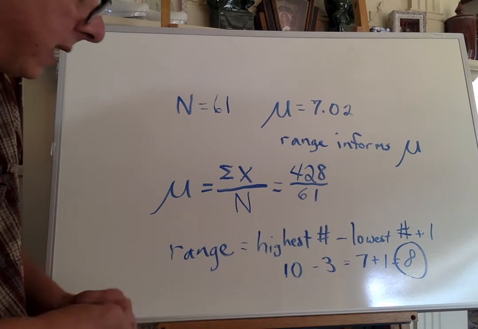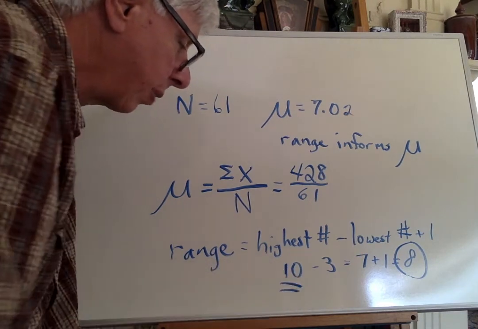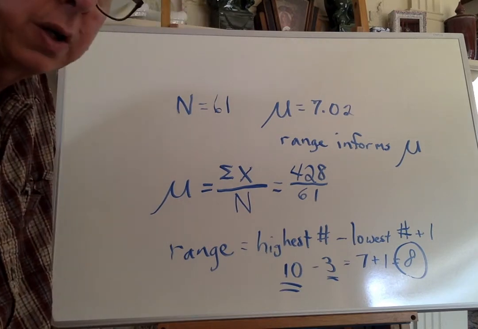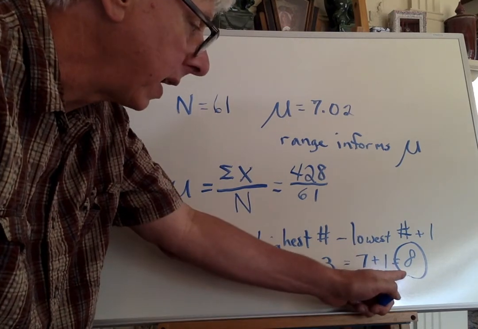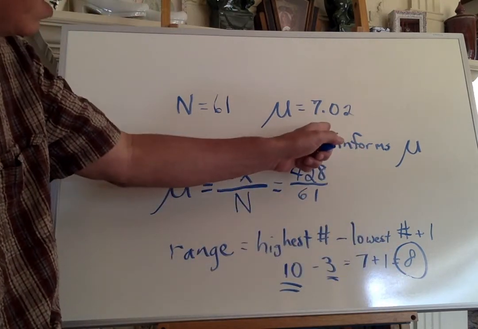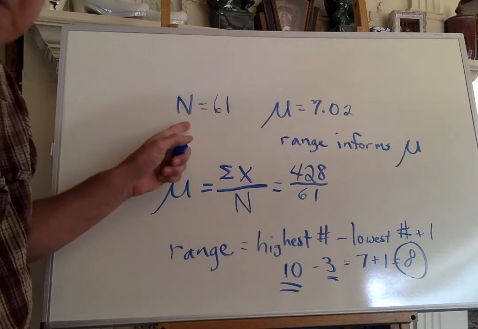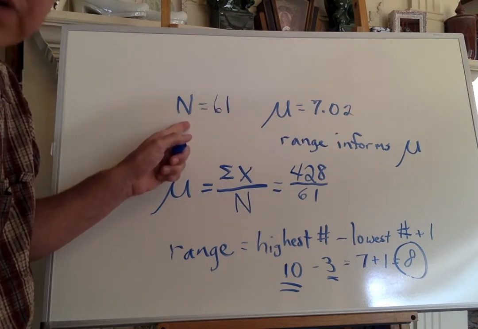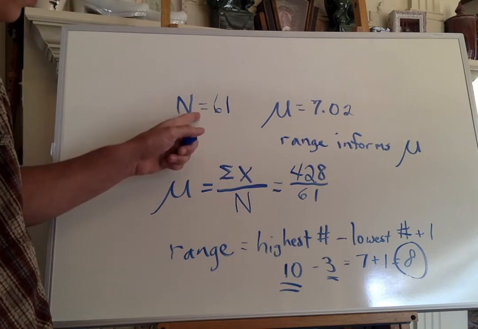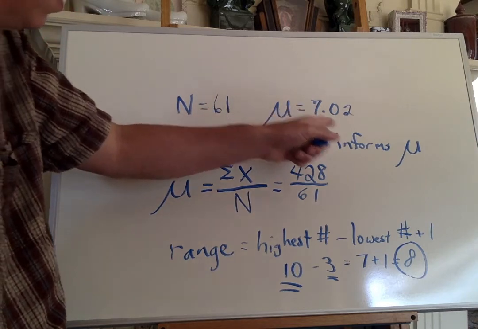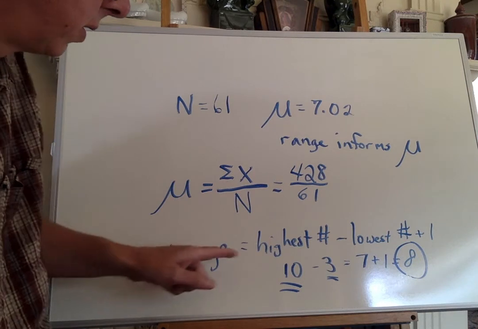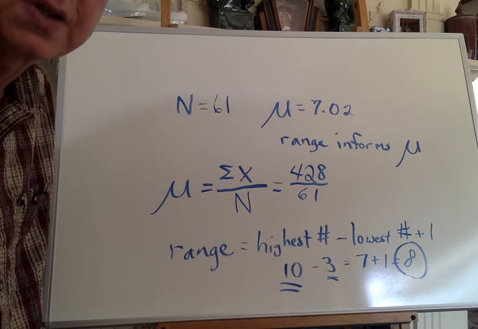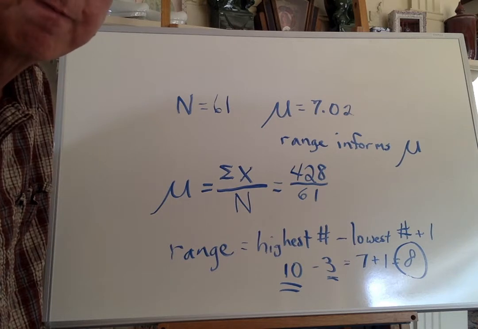So I like to also report the highest score, report the lowest score, report the range, report the mean. We tell people this came from 61 observations, okay? So we have 1, 2, 3, the range, 4, 5 different descriptive statistics already, okay?